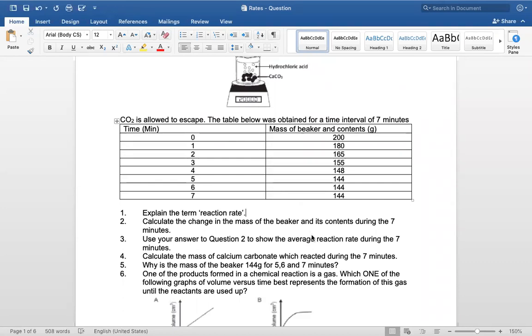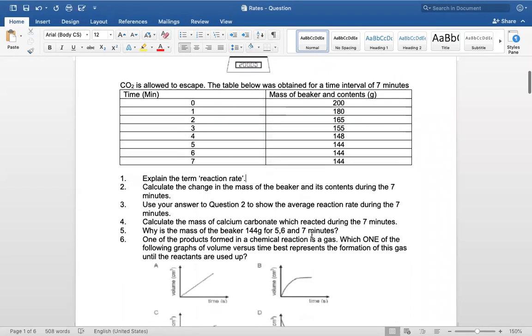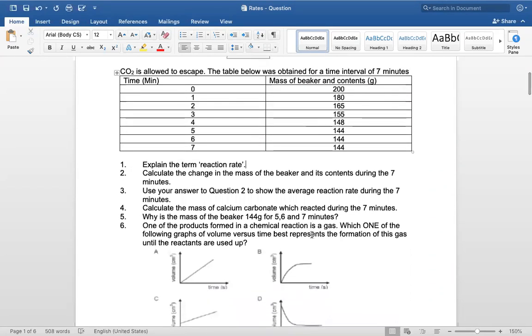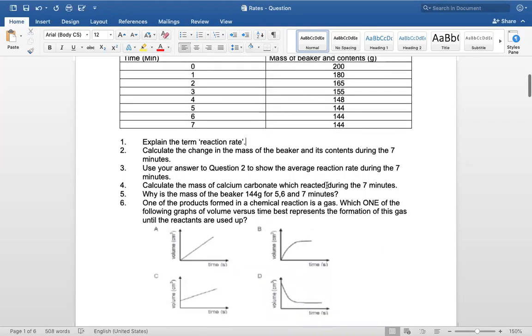All right. And then one of the products formed in a chemical reaction is a gas. Which one of the following graphs of volume versus time best represents the formation of this gas until the reactants are used up? If you look at this graph, which graph best represents the amount of carbon dioxide released?